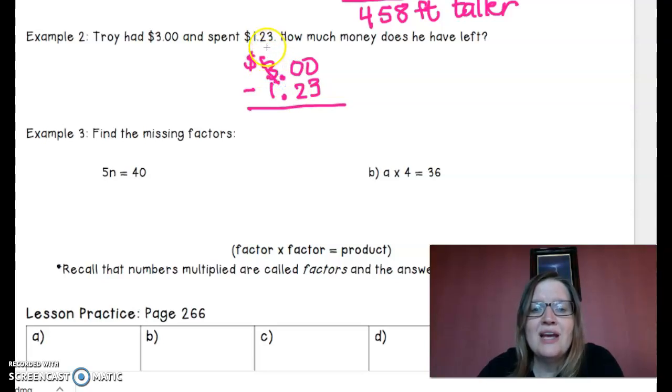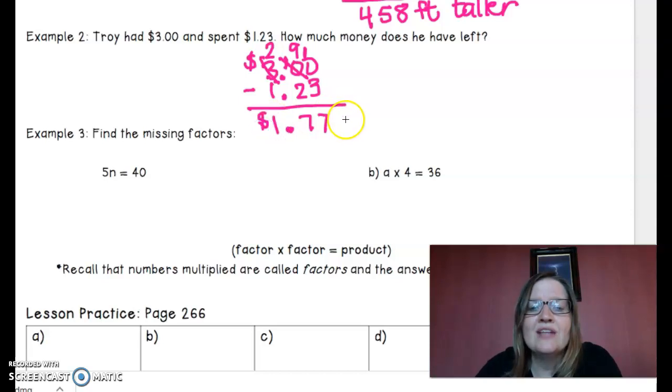So I'm going to change this to a 2, move 10 tens over here, and then take one of those and make it into 10 ones. So 10 minus 3 is 7. 9 minus 2 is 7. We keep our decimal right where it is. 2 minus 1 is 1. And we know that Troy has $1.77 left from his spending.